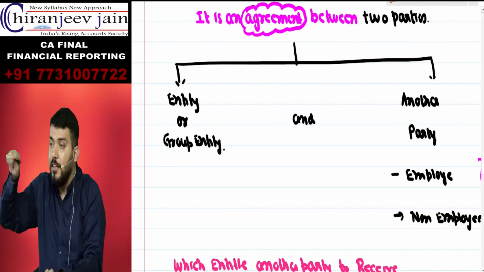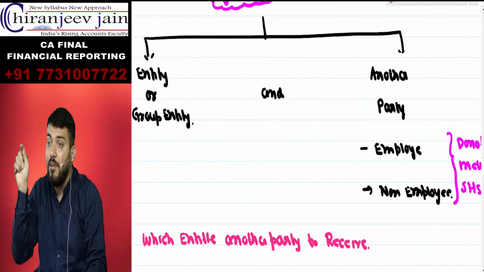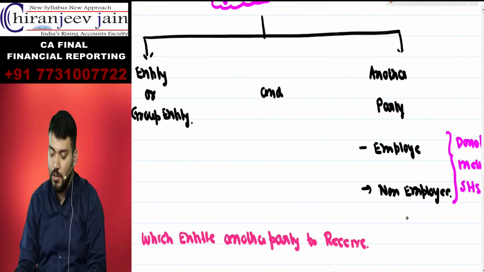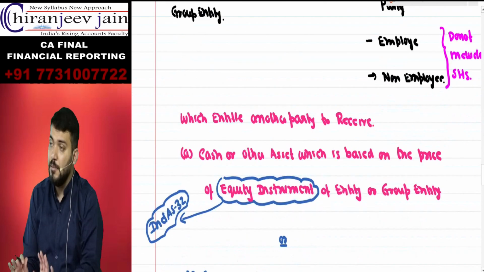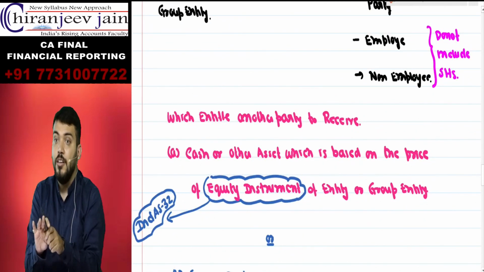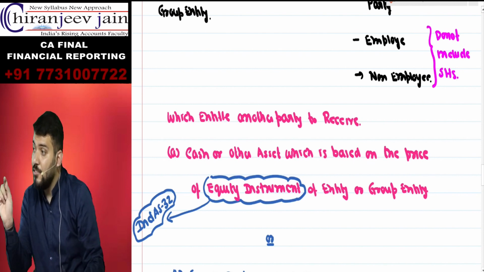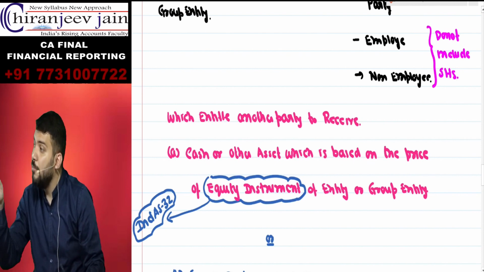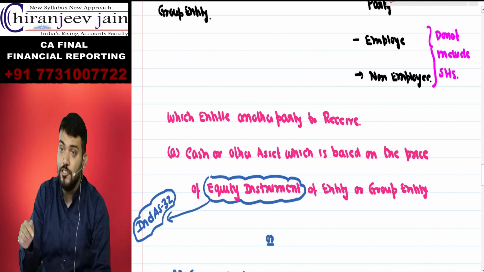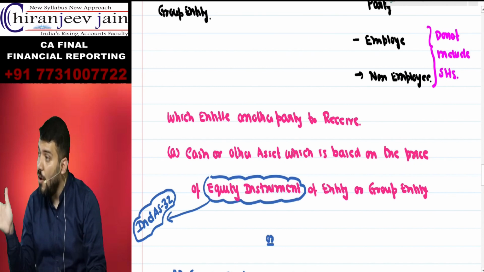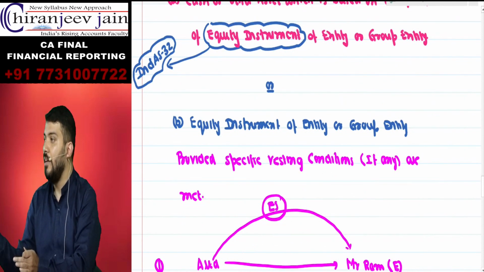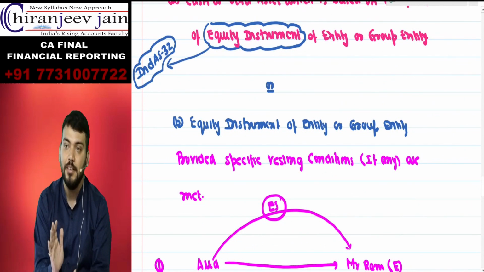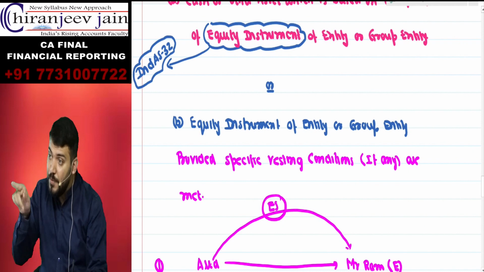If I have written do not include shareholders, it means they are acting like shareholders, then it is not a share-based payment transaction, which entitles another party to receive cash or other asset. But that cash or other asset is based on the price of equity instrument of the entity. Or they are entitled to equity instruments of the entity, provided specific vesting conditions, if any, are met.